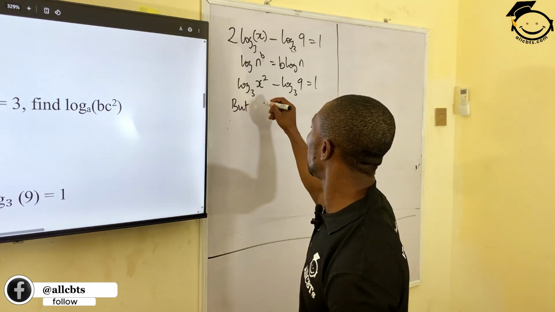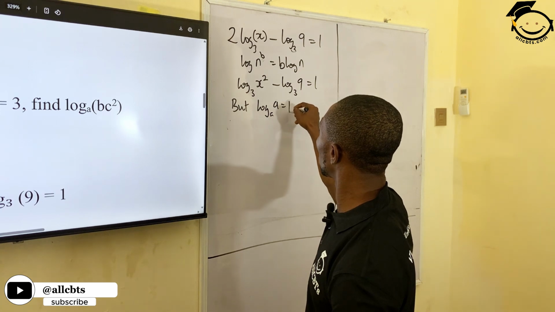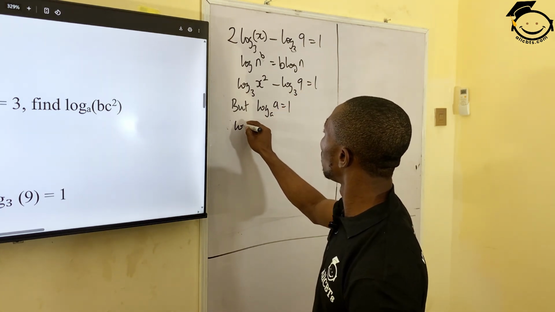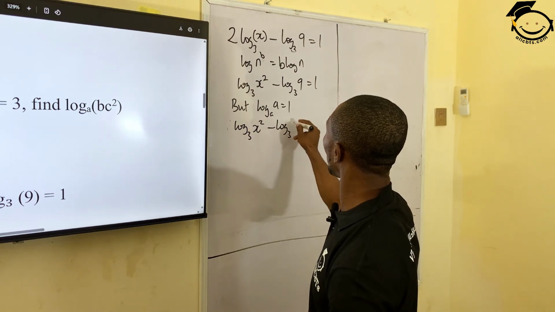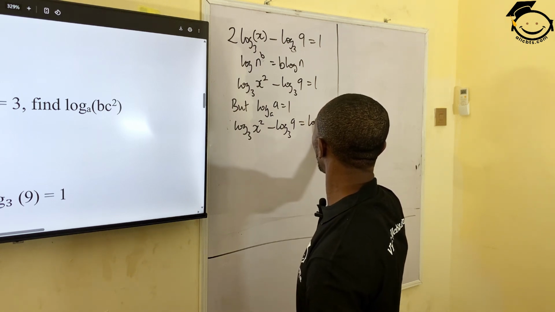But we know that in logarithm, log AA equals 1. So replacing that here, this becomes log 3x squared minus log 3, 9 equals log 3, 3.